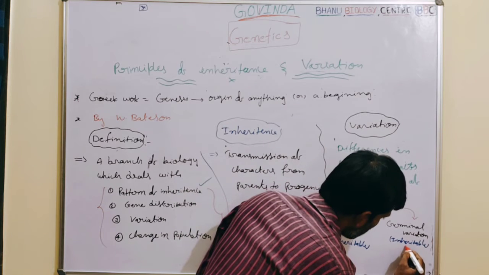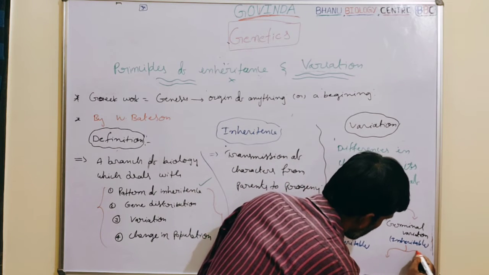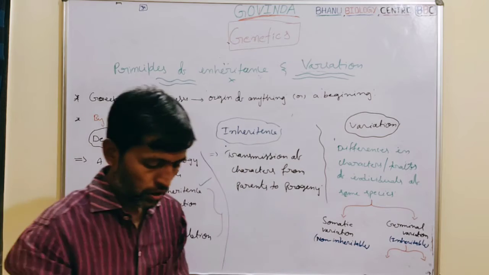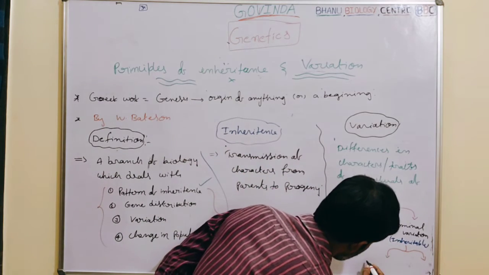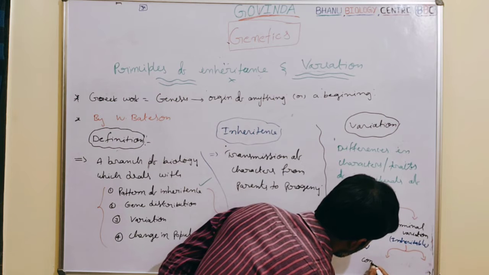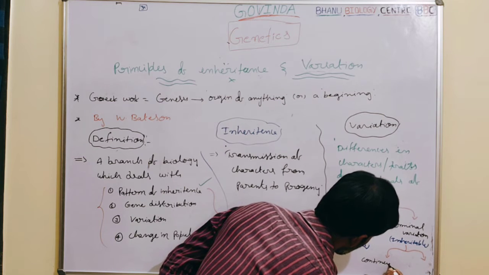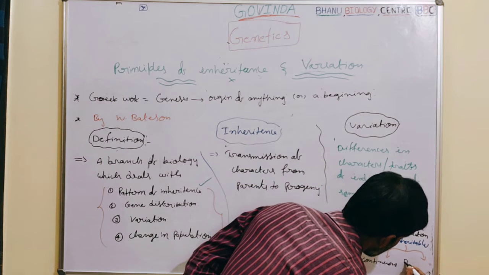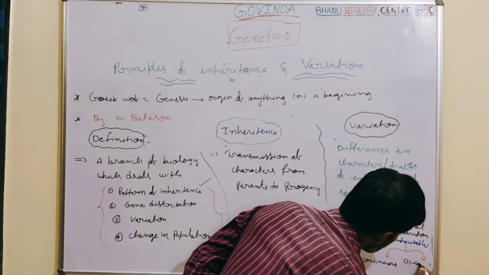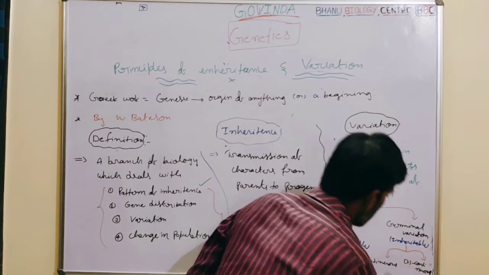Germinal variation again of two types. The first one is continuous germinal variation. The second type is discontinuous variation.